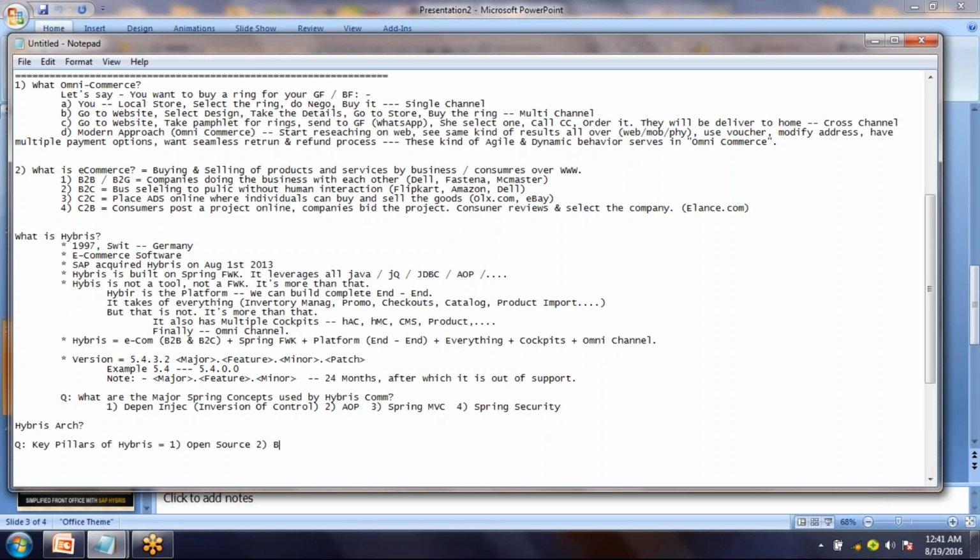The second one is back office work. Easy. So what is the meaning of back office work? I will discuss that now. One of the key pillars of Hybris is that back office work can be done very easily, because for back office work, Hybris gives a lot of cockpits.